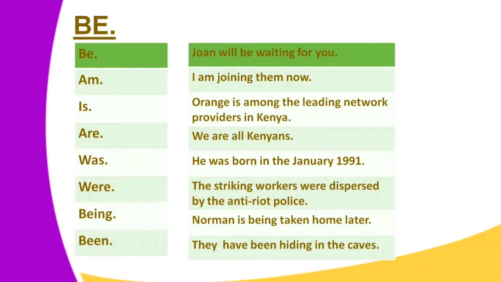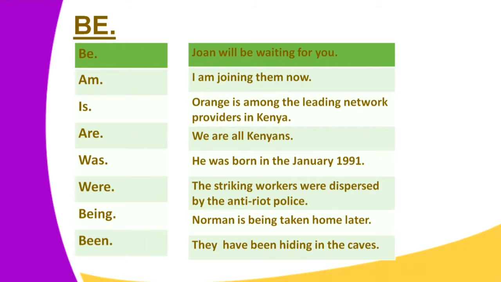If you look at sentences that can be formed by these primary auxiliary verbs of the form be, or the various forms of the verb be, we have number 1, Joan will be waiting for you. I am joining them now.